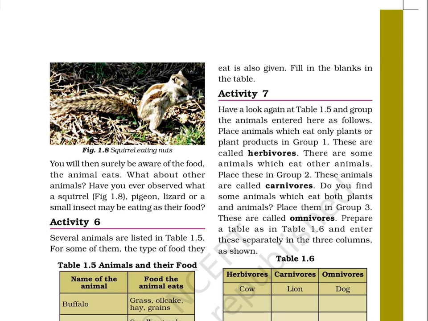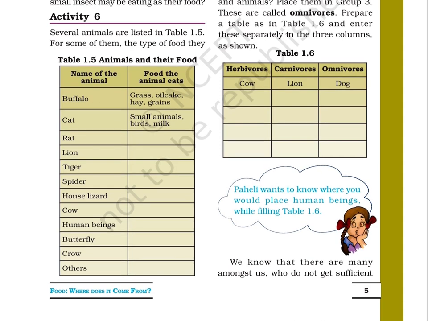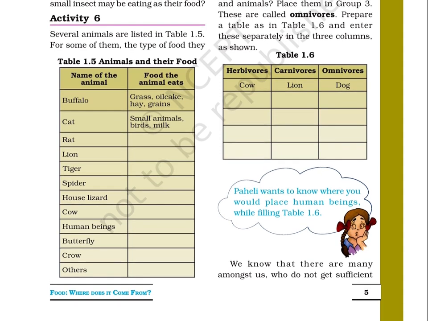Activity 6. Several animals are listed in Table 1.5. For some of them, the type of food they eat is also given. Fill in the blanks in the table. Table 1.5. Animals and their food.